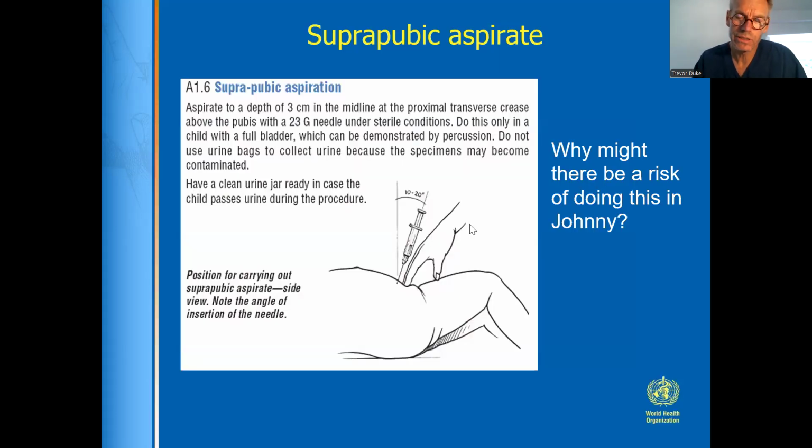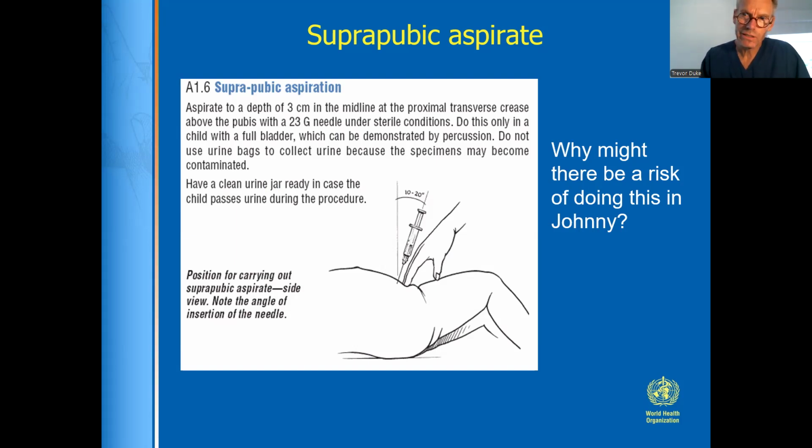The other way to do it, described in the Hospital Care for Children Pocketbook, is a suprapubic aspirate. That's the ideal way to get a sterile specimen of urine, which is what you want: a urine that's not contaminated by the bacteria on the skin around the perineum. The problem is that it takes some skill.